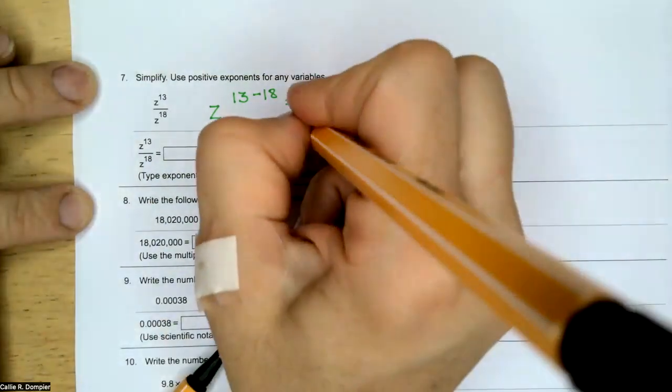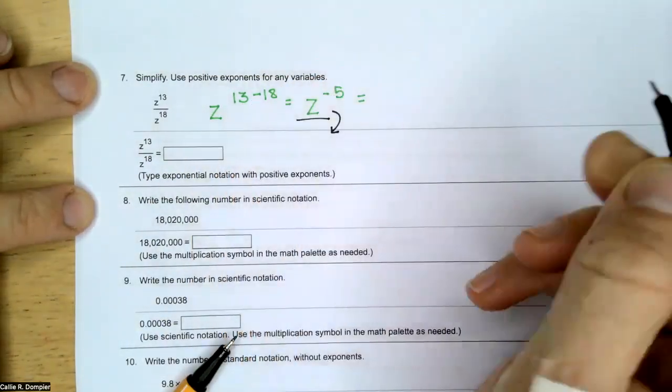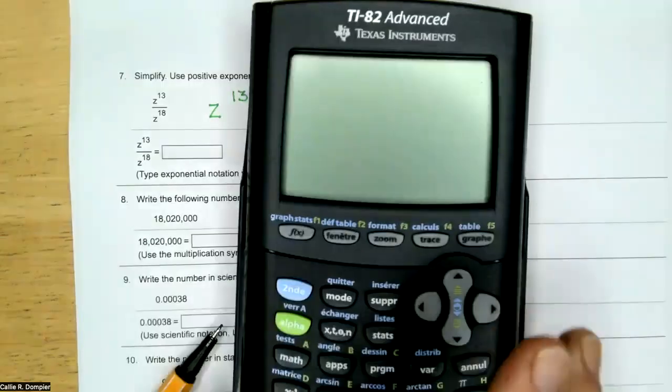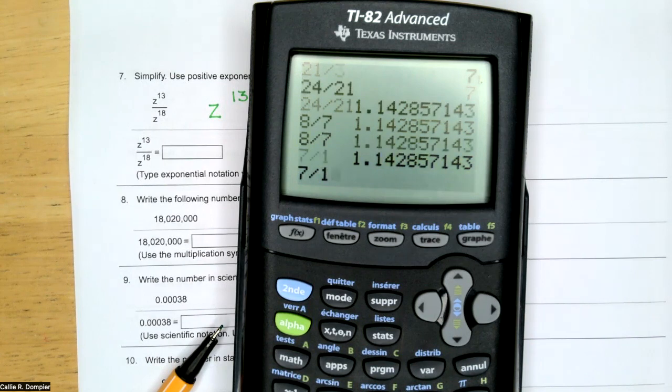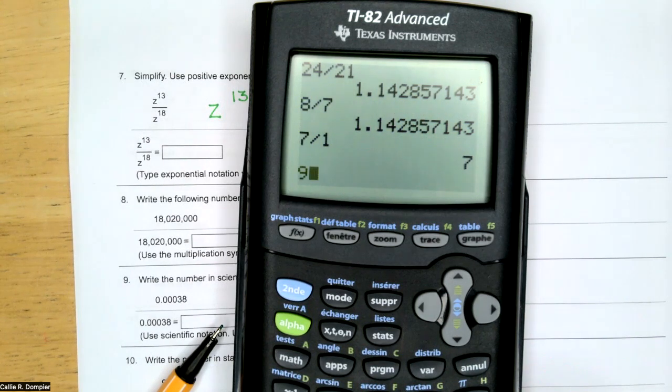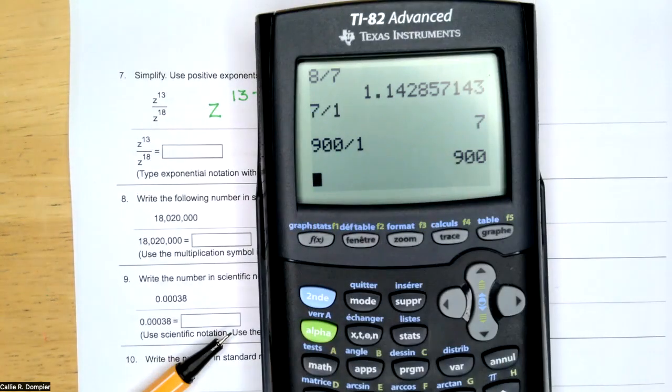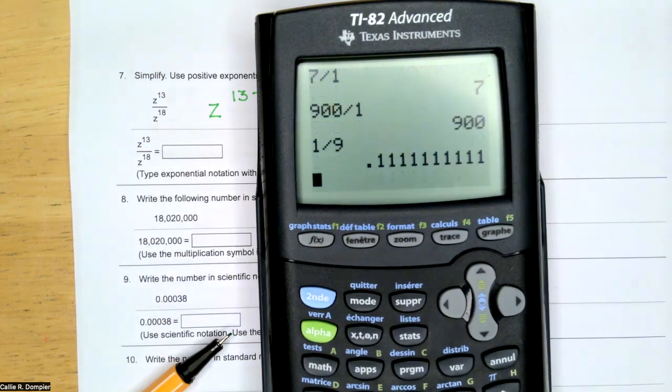There's no fraction bar, right? But I can create one. If I made a fraction bar, this is on the top, right? Because anything divided by 1 is itself. 7 divided by 1 is 7. 900 divided by 1 is still 900, right? But if I put it on top, that wouldn't be the same, right?